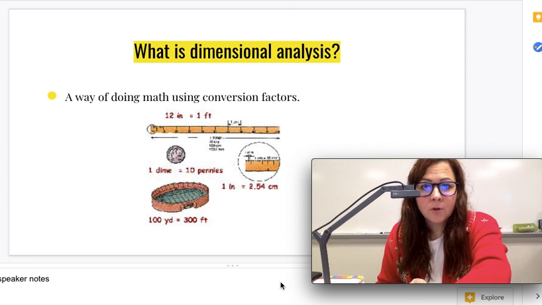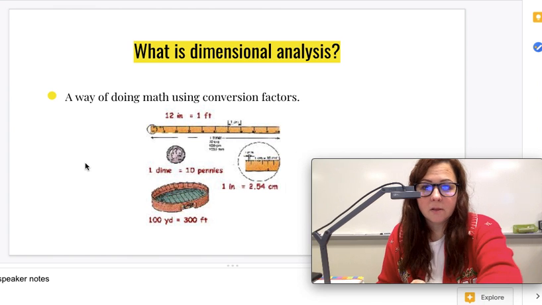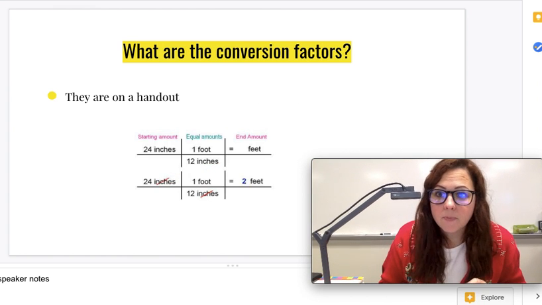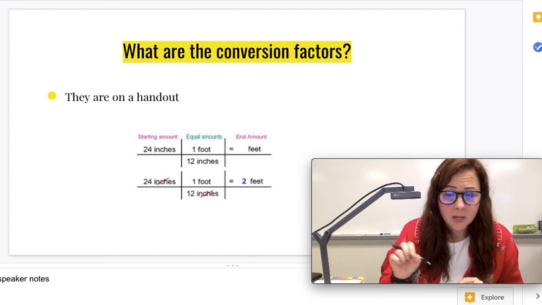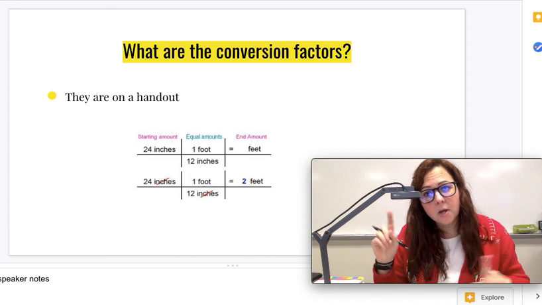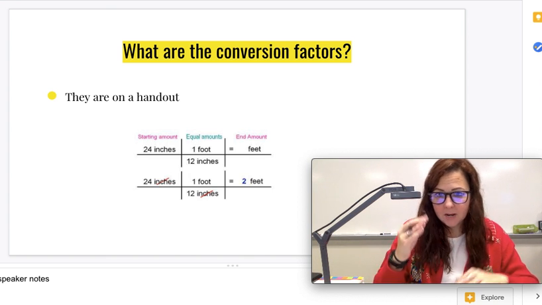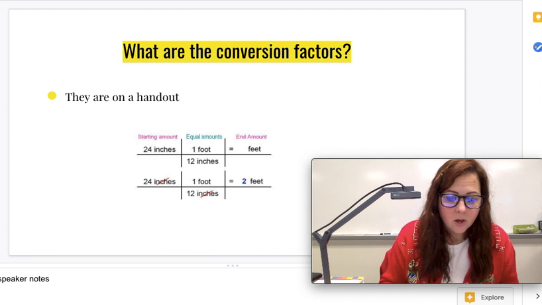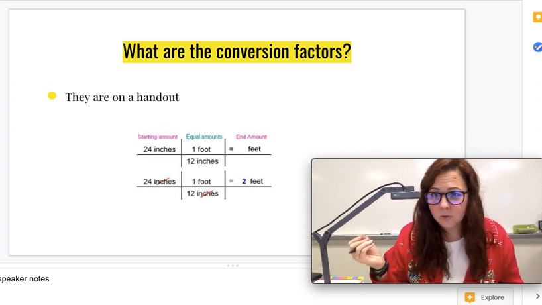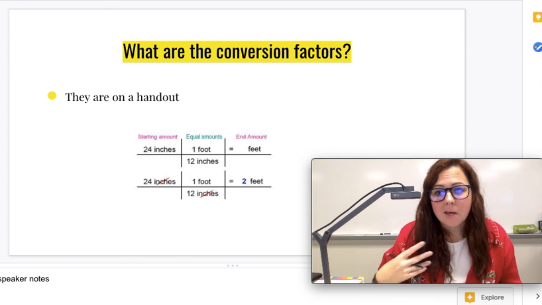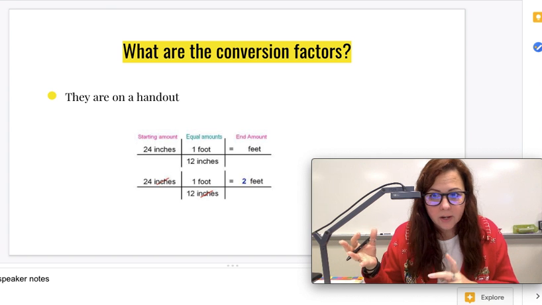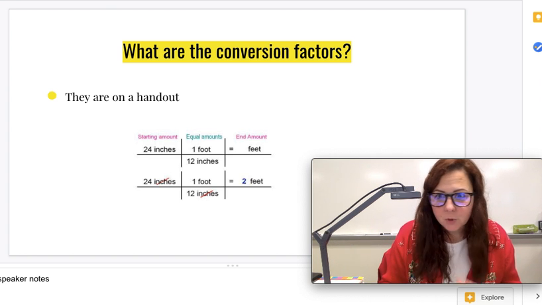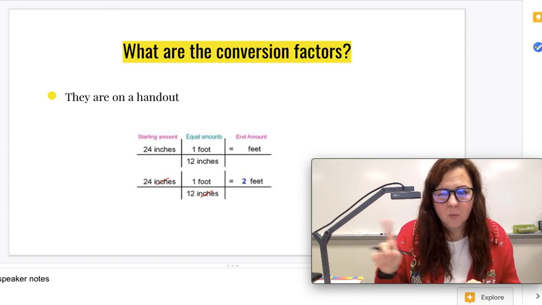So with your conversion factors, if I can get this to change, there we go. They are on a handout, and it'll say things like 1 foot equals 12 inches. Now you can flip them, top and bottom, however you need to do that. Or it might say 1 day is equal to 24 hours. Or 1 kilogram is equal to 1,000 grams. 2.2 pounds is equal to 1 kilogram.